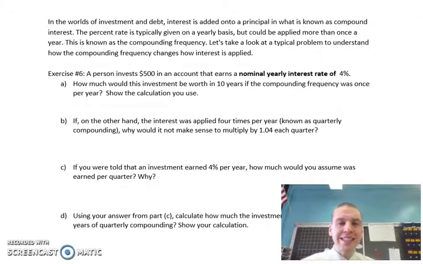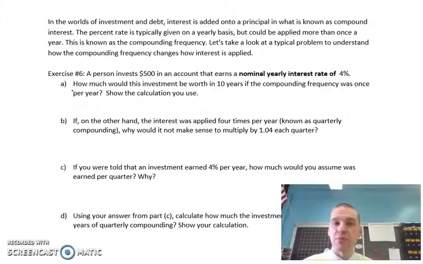So we come to this idea of this nominal yearly interest rate. If you guys have bank accounts or credit cards, hopefully you do not have credit cards, but if your parents have credit cards or anything dealing with interest rates, good or bad, gaining or losing money, we have this idea of nominal interest rates. So if we look at exercise number 6, a person invests $500 in an account that earns a nominal yearly interest rate of 4%.